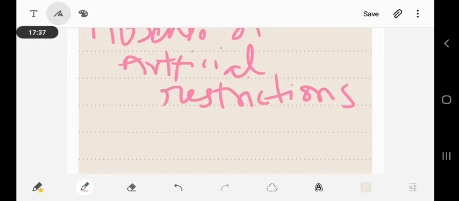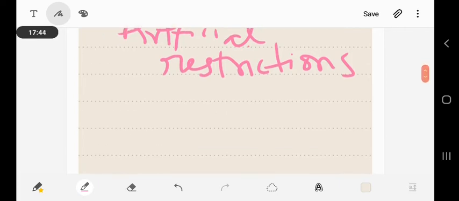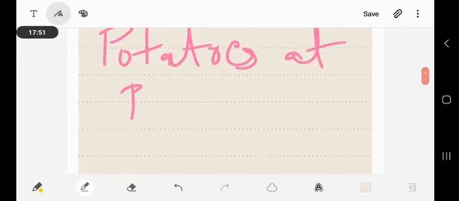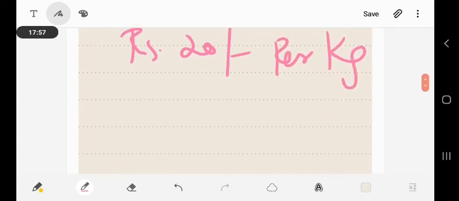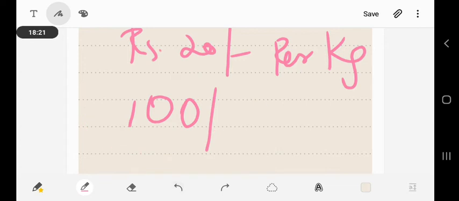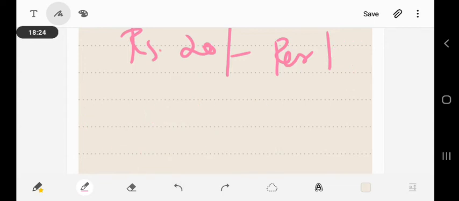Say, in a particular market, I'm selling potatoes at 20 rupees per kg, and if I enter the market and say 100 rupees per kg, since I only see that potatoes are useful for french fries, is it possible in perfect competition? No, definitely no. That is perfect competition.